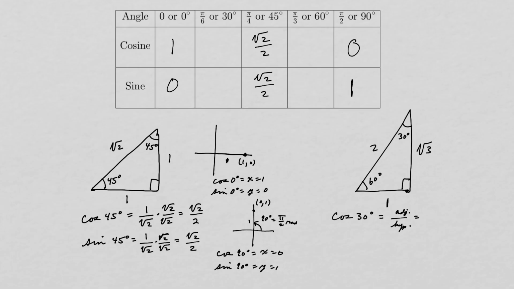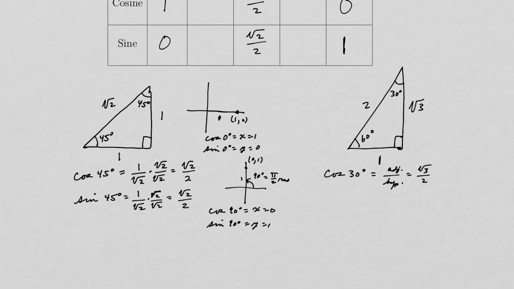So that'll be radical 3 over 2. And then sine of 30 is opposite over hypotenuse. So relative to the 30 degrees, what's the opposite side? It's the 1 here. So 1 over hypotenuse 2, it's just 1/2.